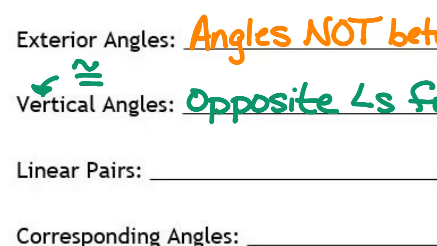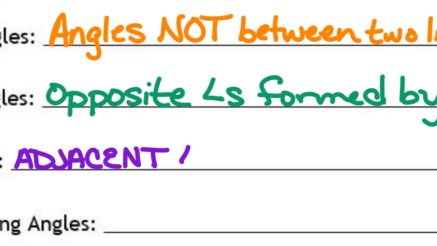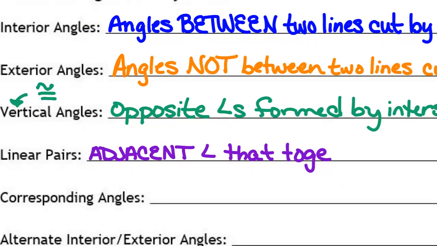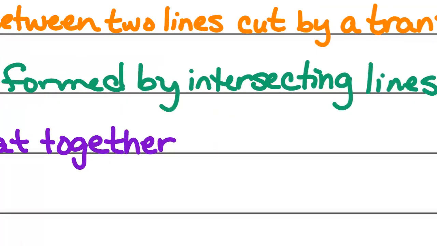Linear pairs are adjacent angles. Means they share a side. Adjacent angles that together make a straight line.